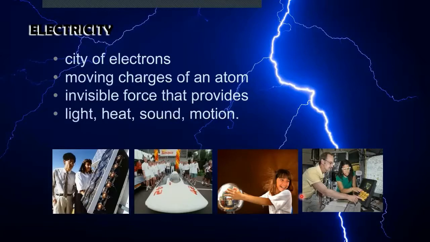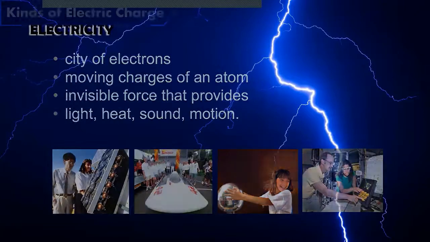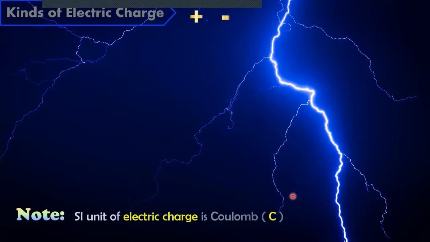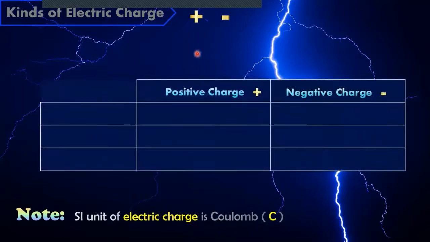I don't think so. This time, let's talk about the kinds of electric charge, and it's the positive and negative charge. Note the SI unit of electric charge is coulomb. The symbol is capital letter C. The carrier of positive charge is proton, and the carrier of negative charge is electron.